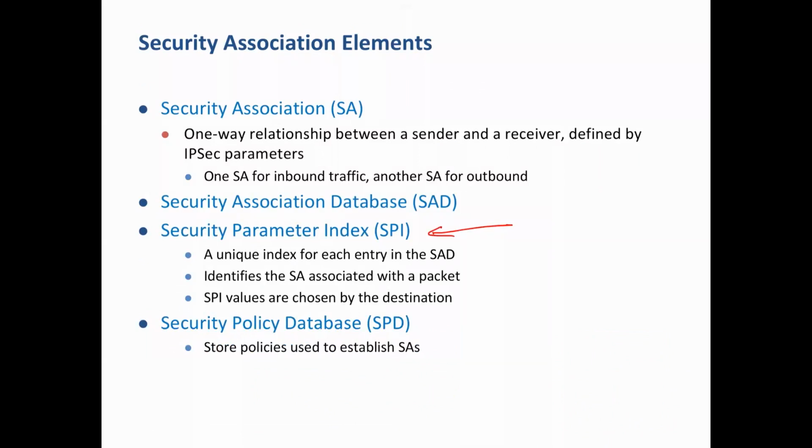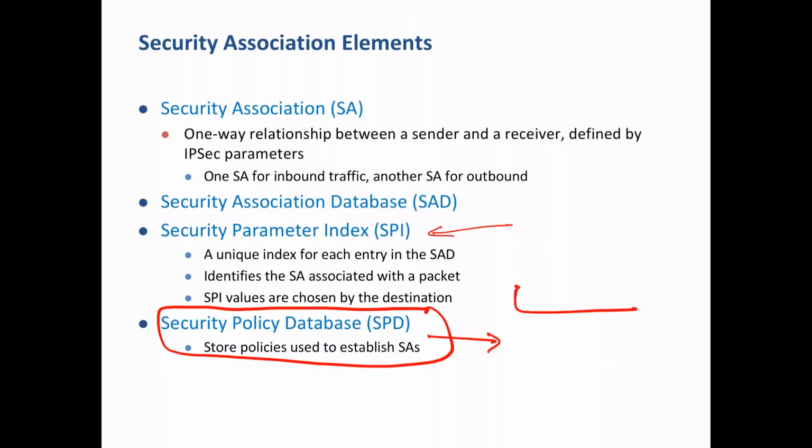And you talked about security policy, right? Policy defines what to do when an IP packet is received by the gateway, for example an IP packet from Alice to Bob.